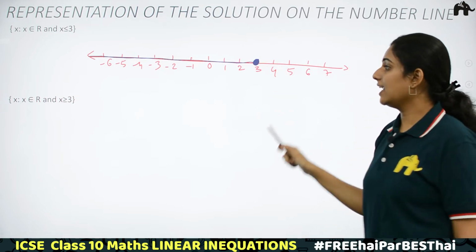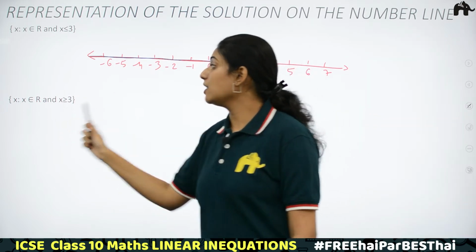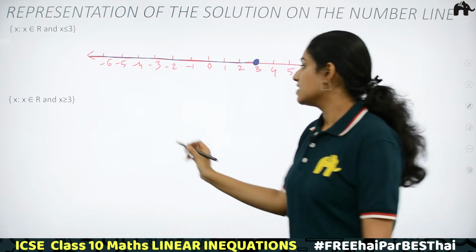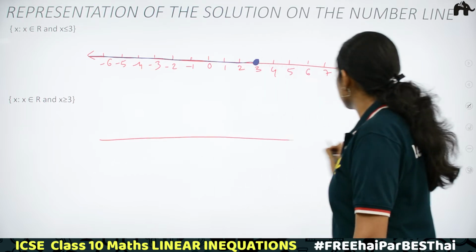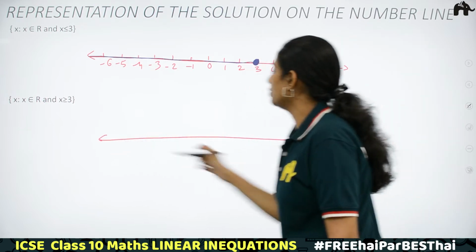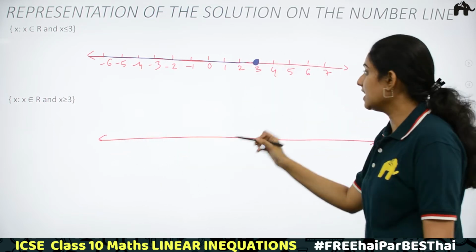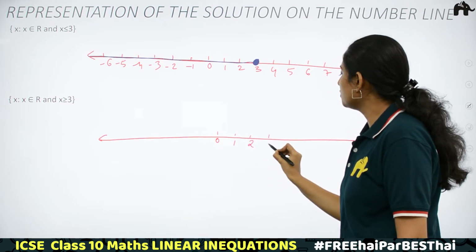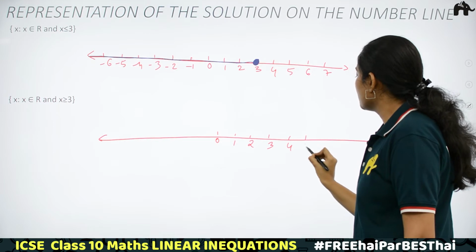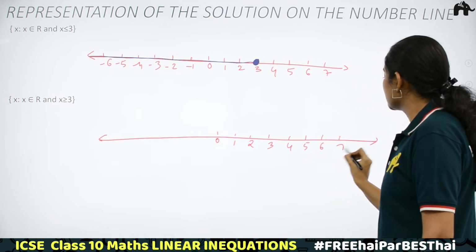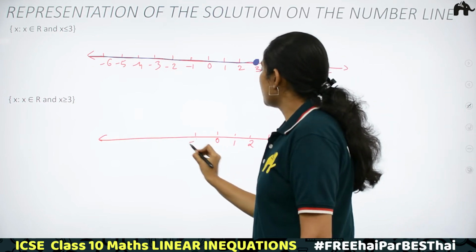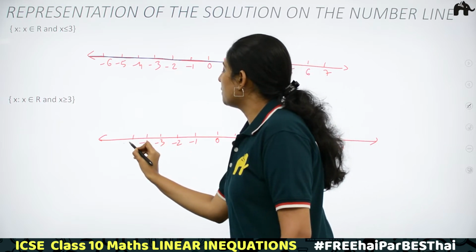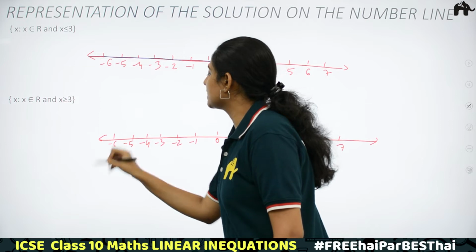This is how you represent x belongs to real numbers and x less than or equal to 3. Now the next one, x such that x belongs to R and x greater than or equal to 3. Draw the real number line first, extending to positive and negative infinity. Mark points 0, 1, 2, 3, 4, 5, 6, 7, minus 1, minus 2, minus 3, minus 4, minus 5, minus 6.